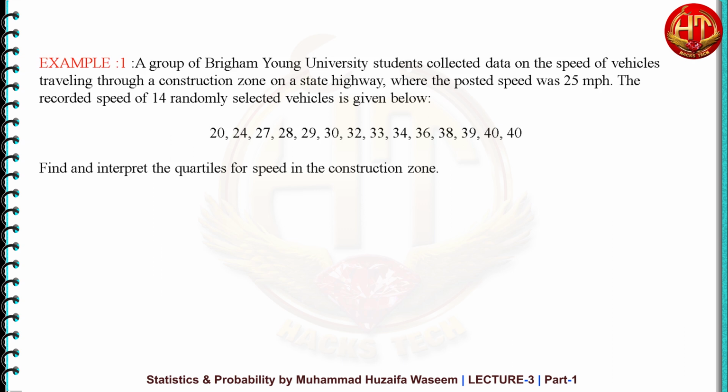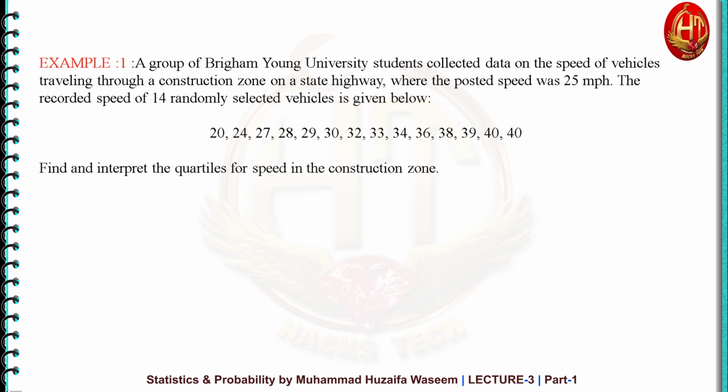You have to calculate and interpret the quartiles for the speed in the construction zone. First you have to calculate the first quartile, second quartile and third quartile, and with the help of quartiles you have to pass the comment on the vehicles' speeds.